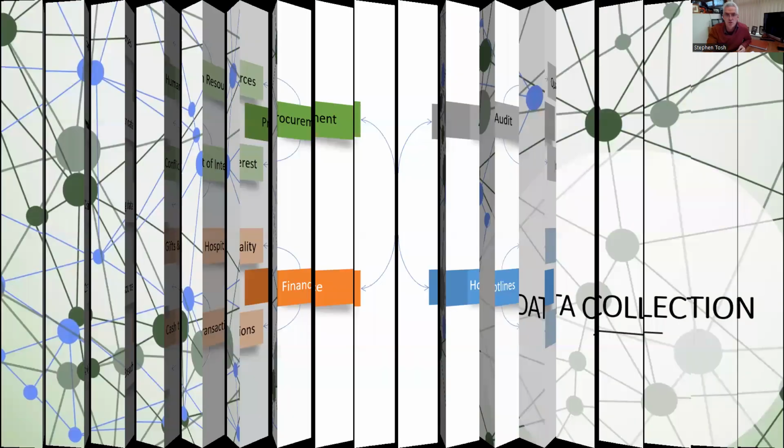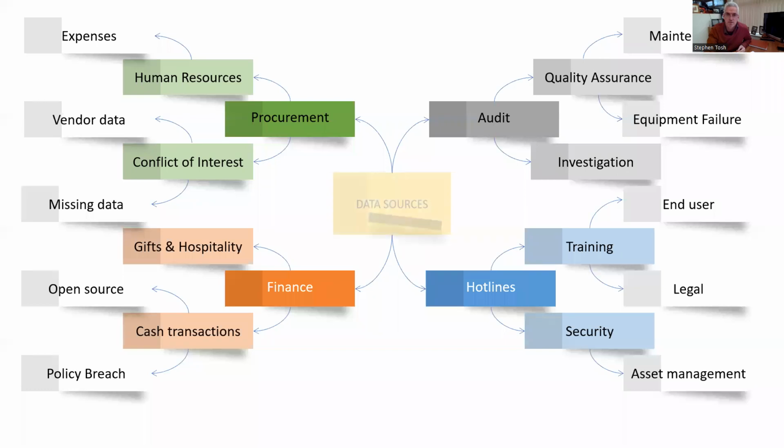So just to touch on data sources then, there are many examples, and certainly procurement and finance are 2 examples, but there are many that should be considered. And certainly areas such as, in the top right, maintenance and quality assurance and equipment failure.